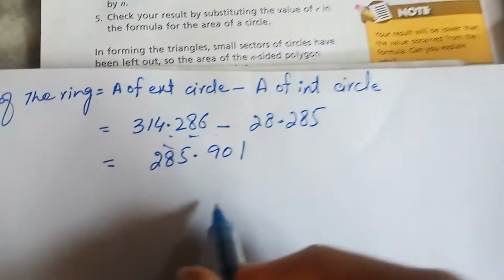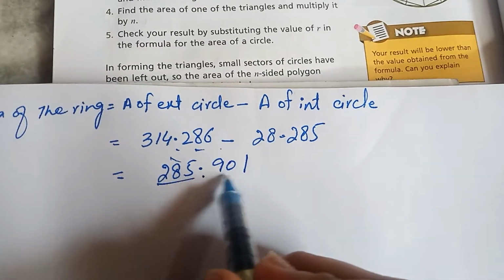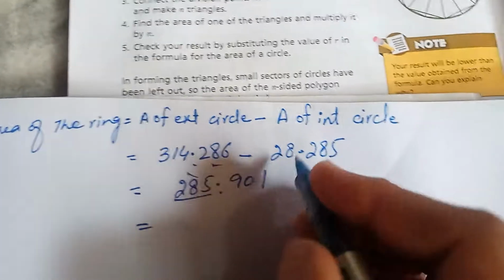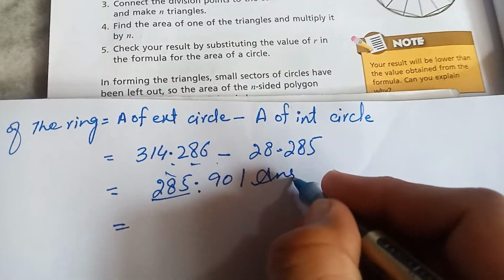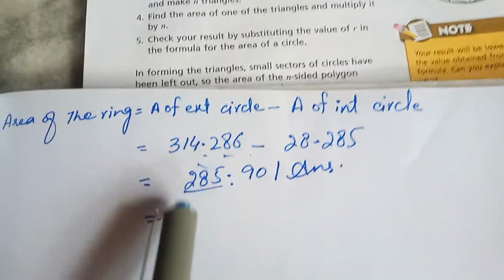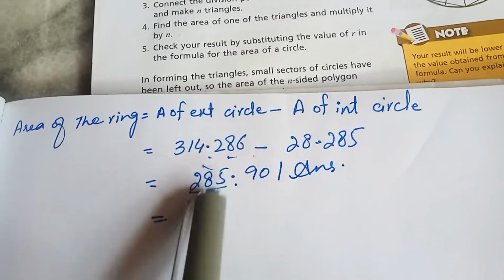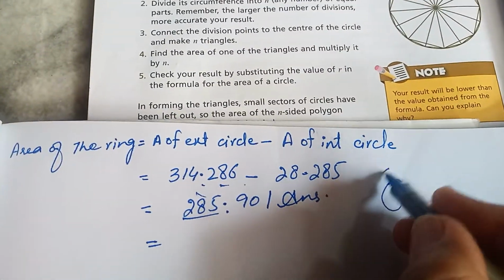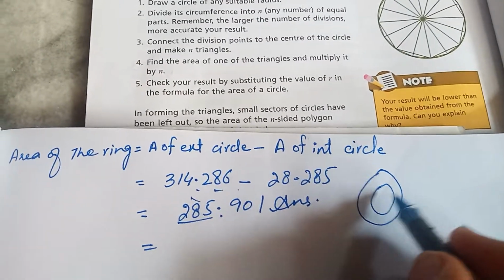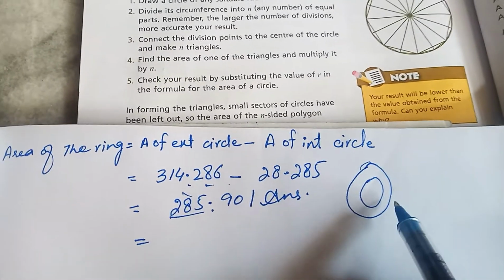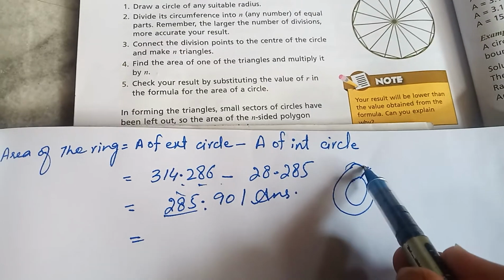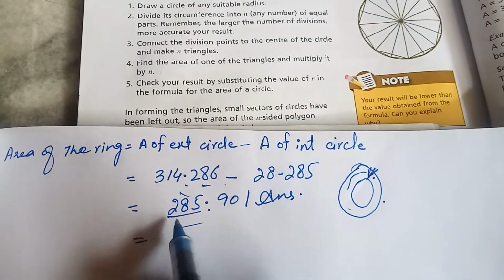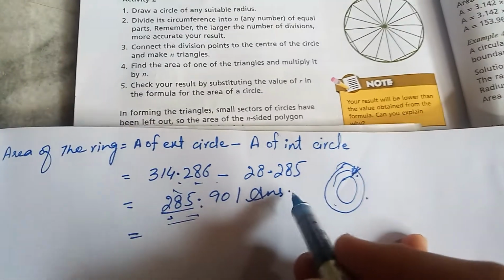Our concern is before the decimal point, after the decimal point the answer whatever it would be doesn't matter. So 285 approximately is the area of the ring, having internal circle 3 centimeter radius and the radius of the external circle 10 centimeter. So the area of the ring is 285 centimeter.